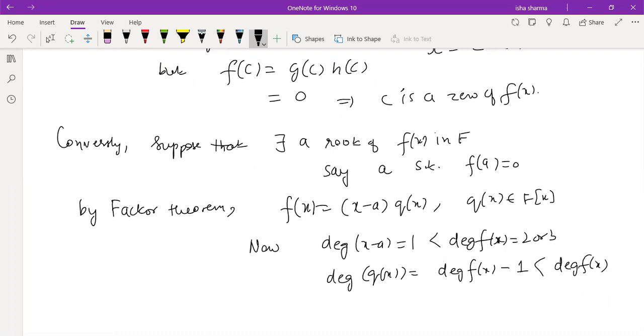So we are able to write f(x) as a product of two polynomials where the individual polynomials have degree less than degree of f(x). Therefore, f(x) is reducible over F. So that is the proof.